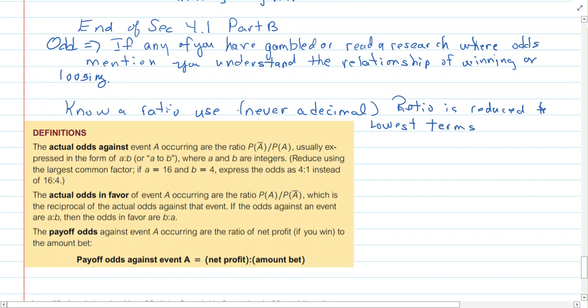The most common way to express it is with a colon. So we have 3 out of 5, or 3 out of 5.